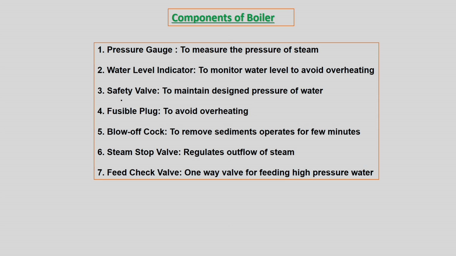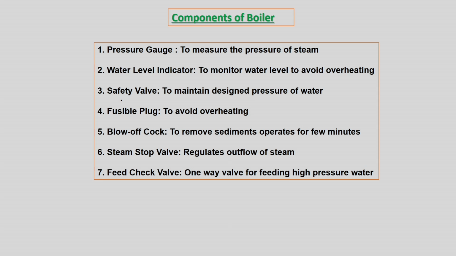Then what are the components of the boiler? As we had seen, the drum was one of the components, but on the drum we have many attachments. Attachments which are an integral part of any boiler are called mountings, and the extra attachments are called accessories.